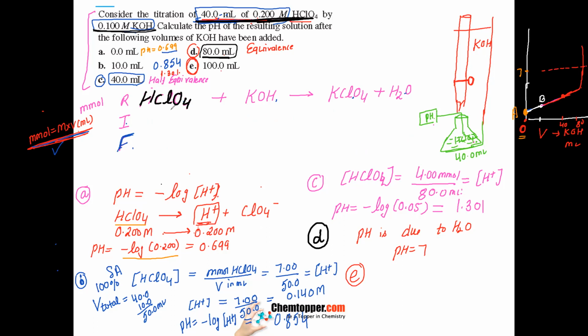So first write the equation, reaction, then how many initial millimoles of HClO4? Keep answering very fast. You already know. There is no change in this amount. How many initial millimoles of HClO4? Why 20? Why 10?